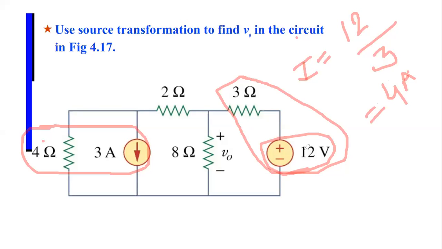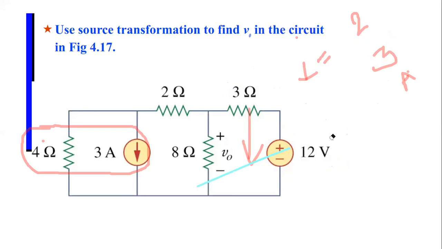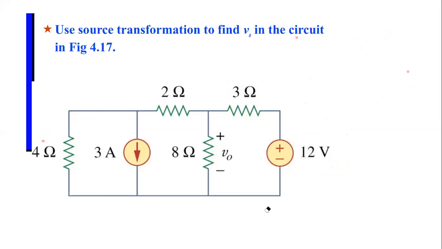And what will the circuit be? This 12 volt source will be converted into a current source, and the arrow will be upward. This resistance will come into parallel here. I can redraw it. The current source will be like this, with a value of 4 ampere, and along with it the resistance of 3 ohm will be in parallel.